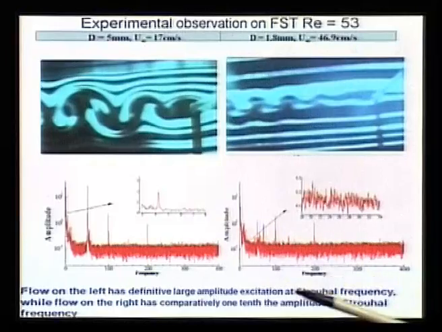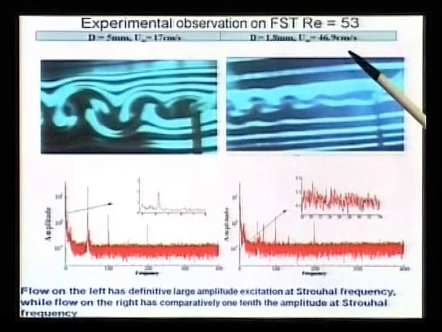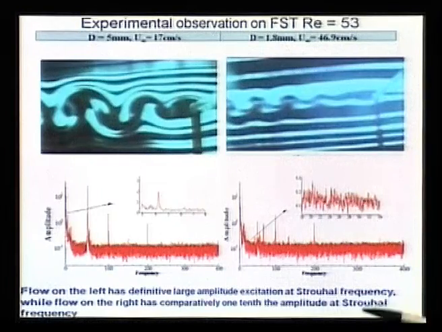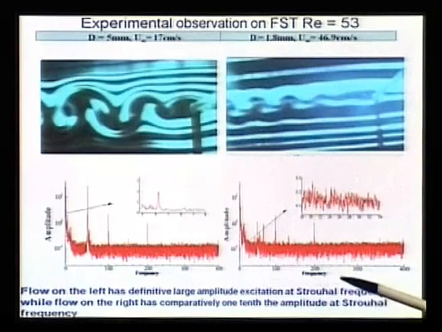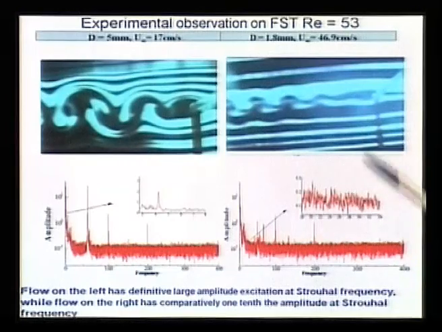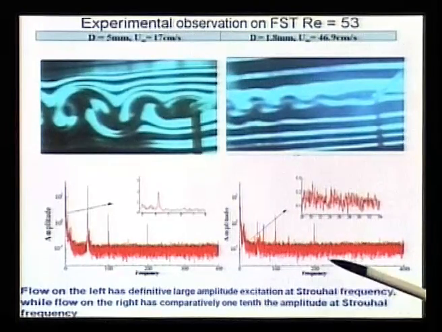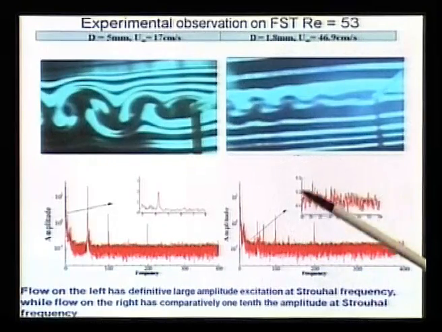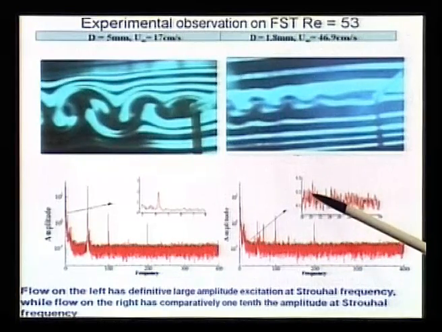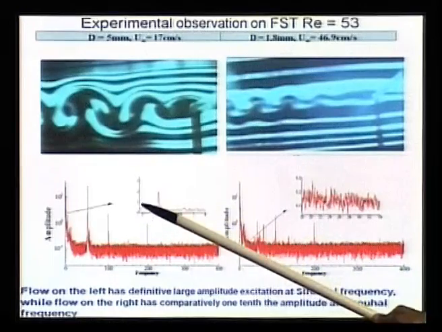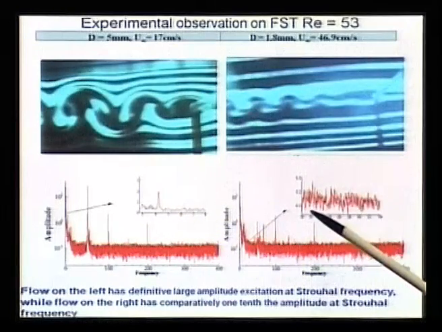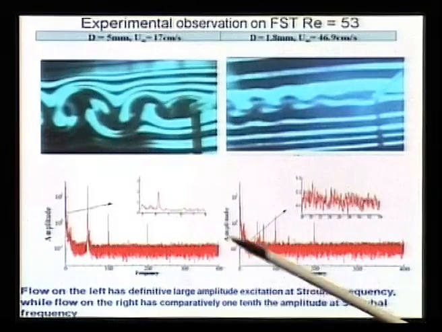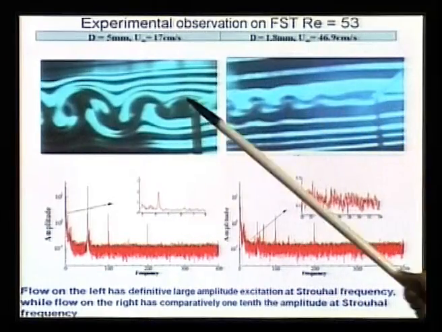Whereas, when we did this experiment at a higher speed of 47 centimeter per second, and tried to find out the amplitude at the Strouhal frequency, that has been zoomed here in this inset, and you can see that value is about 1/10 of this.